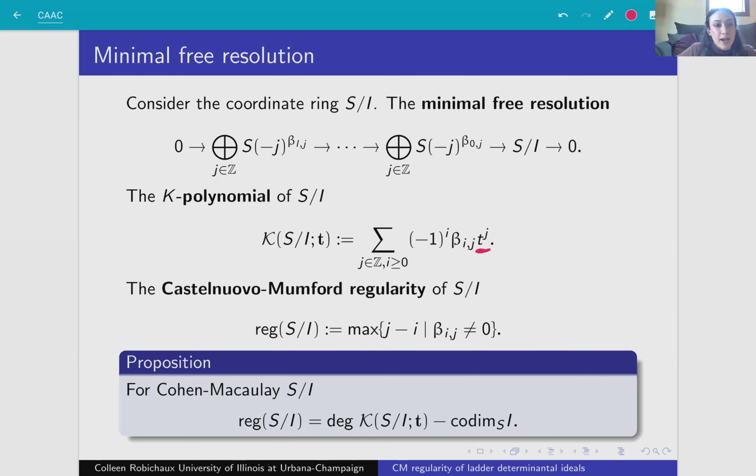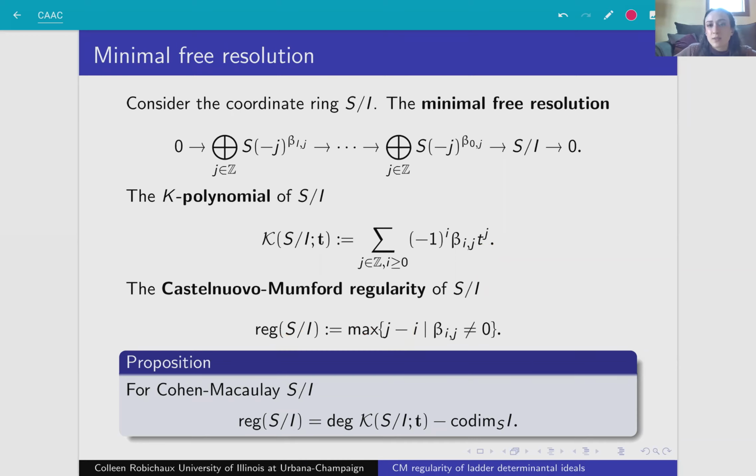Another way you might have seen the K-polynomial pop up is as the numerator of the Hilbert series. Another thing you could try to compute is the Castelnuovo-Mumford regularity of your coordinate ring. You can read this regularity off the minimal free resolution as the maximal difference of indices of the non-vanishing Betti numbers.